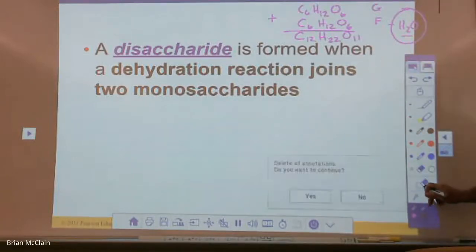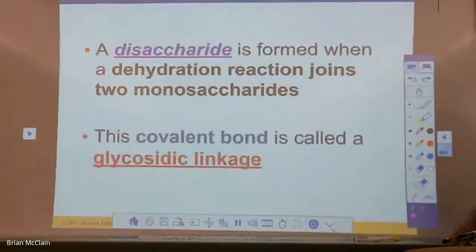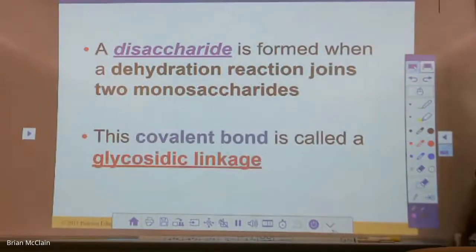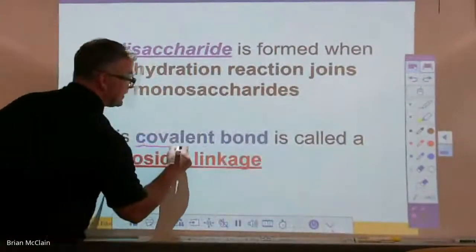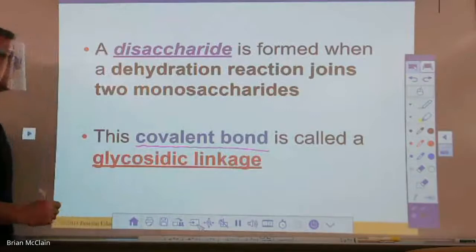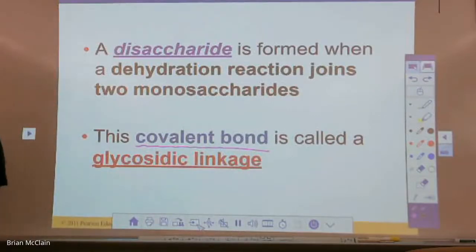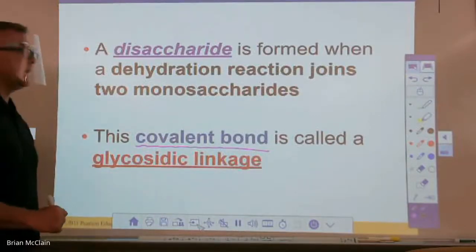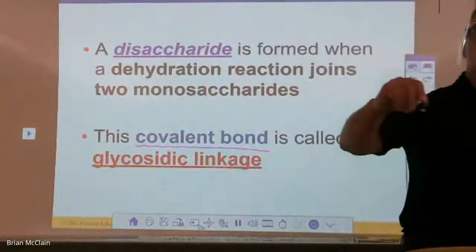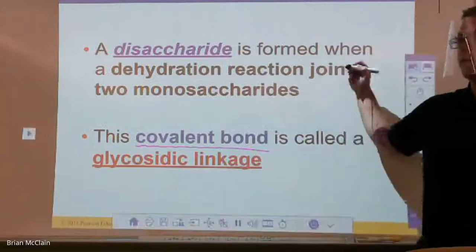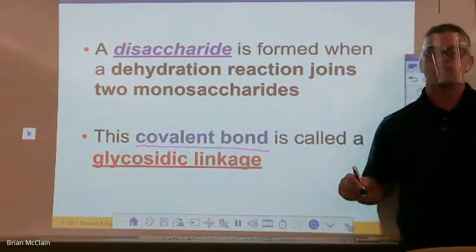Okay, so in this case right here, the type of bond is a covalent bond, and it's specifically known as a glycosidic linkage. So a glycosidic linkage is a covalent bond that's formed between the different monomers of a more complex carbohydrate.